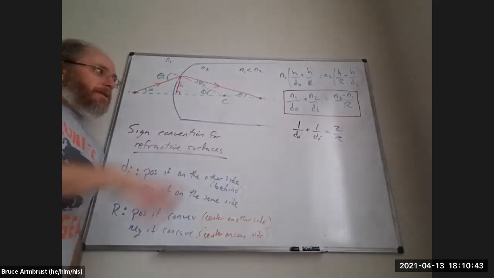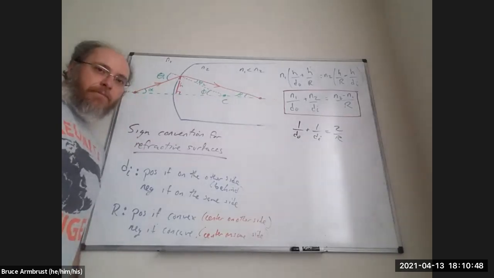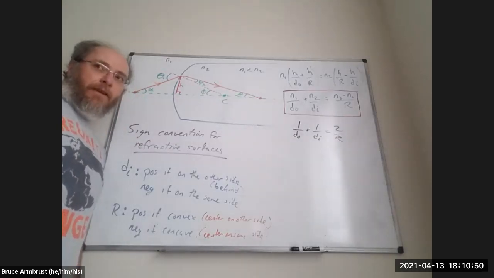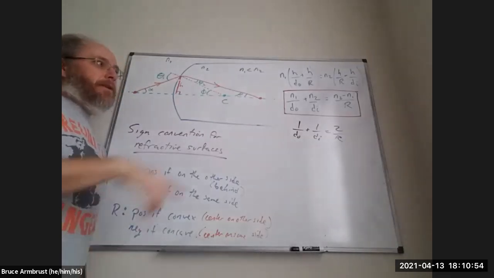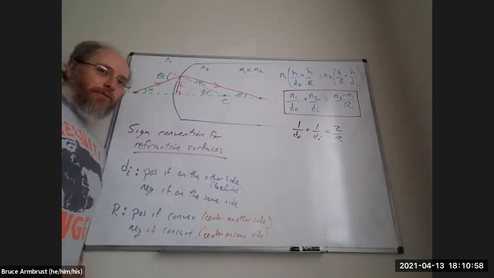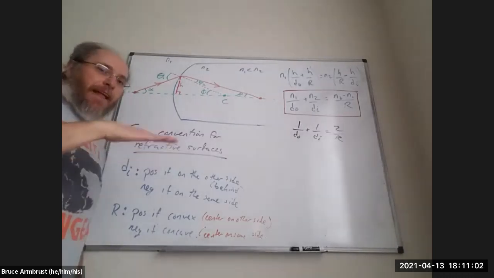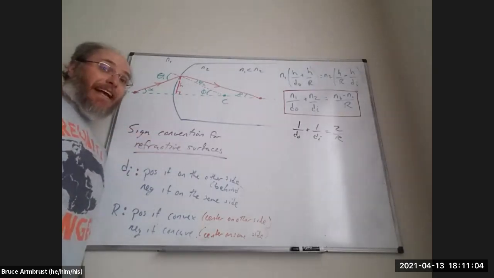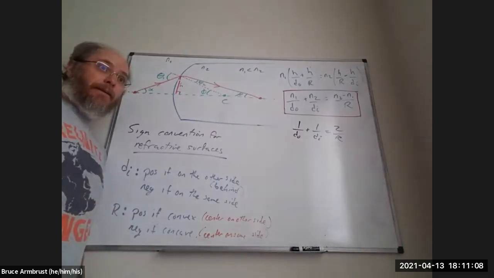All right, so any questions about this equation, where it came from? Hopefully the derivation made sense. But like I said, if you take that, let R equal infinity, and then solve for your DI for a flat surface, you're going to see we get exactly the same formula that we got when we developed it independently.